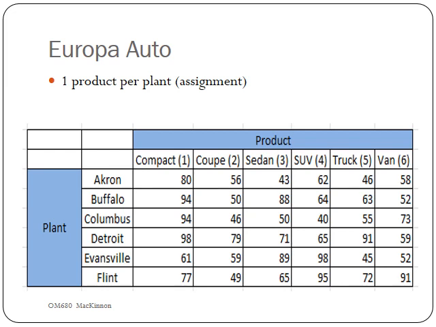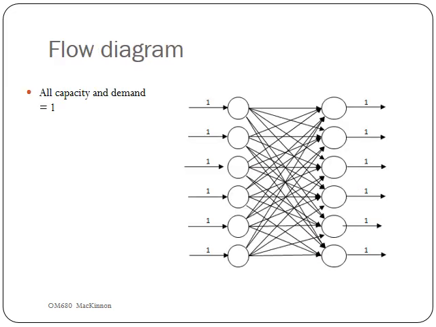So compacts will only be built at one plant, and one plant will only build compacts. So the constraints are one all the way around. Here's our flow diagram: equal number of sources and destinations, all of the lines or arcs drawn between them, all capacities and demands equal 1.